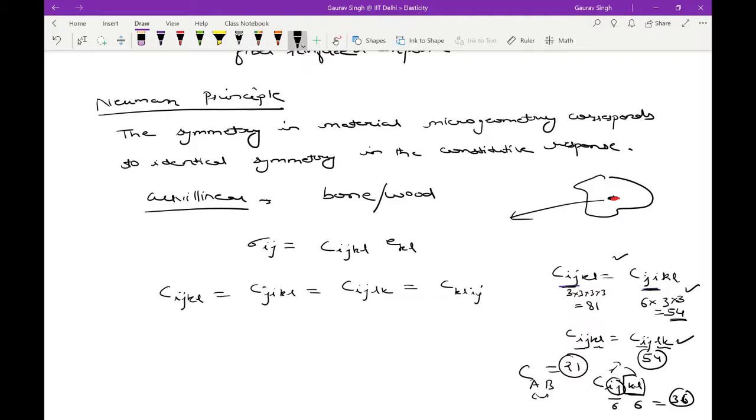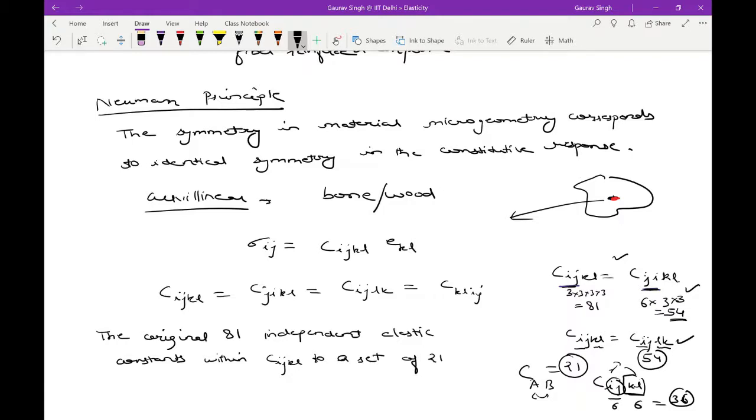So this is something which we had seen when we had discussed strain energy density. Okay, so the original 81 independent elastic constants within Cijkl to a set of 21 elastic moduli for the general case.